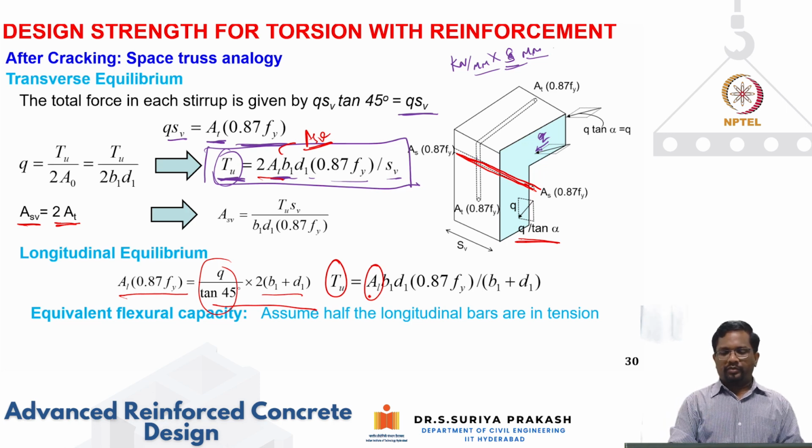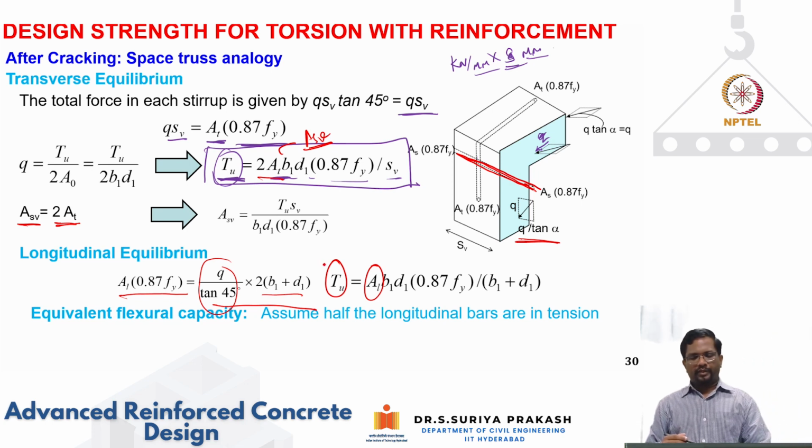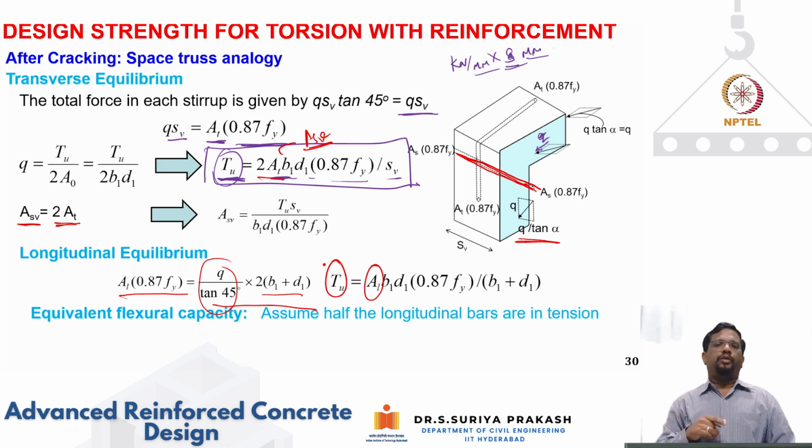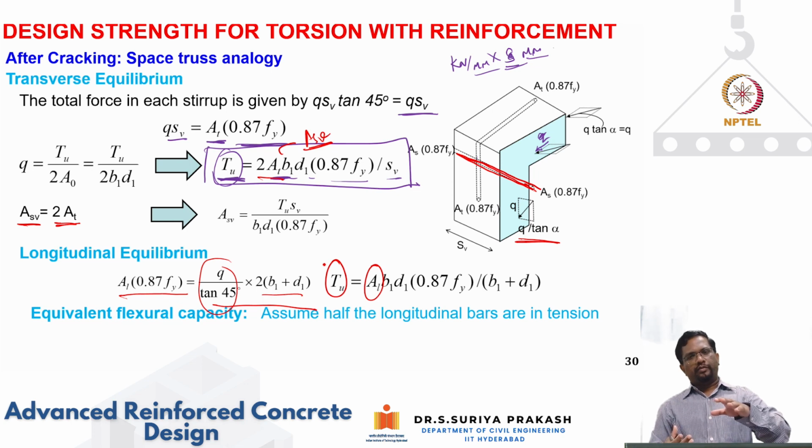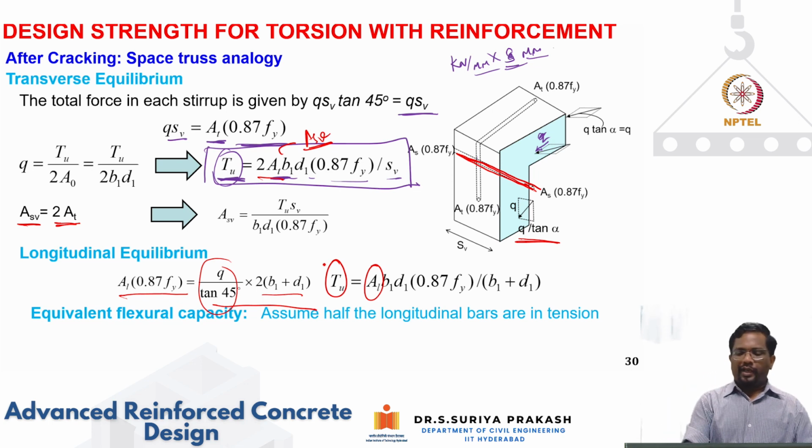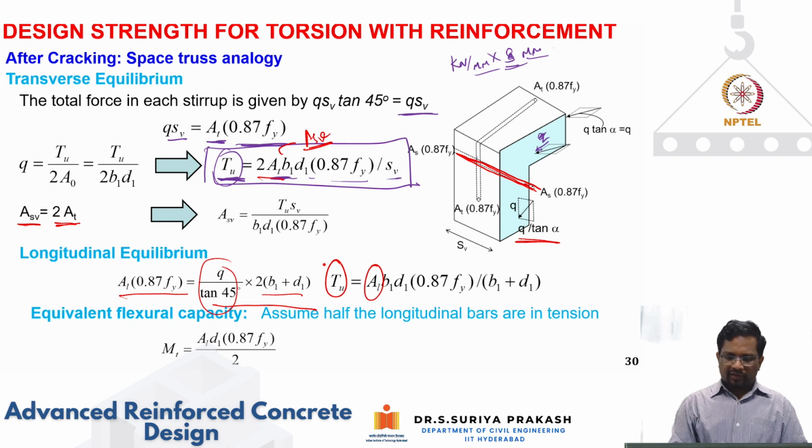Now what I have to do is, if I want to convert this into an equivalent flexural capacity, though the total longitudinal bar is AL, I am going to assume that only whatever that is on the tension side is going to contribute in flexural resistance, right? So AL by 2 is the total amount of bar that is going to contribute in flexural resistance.